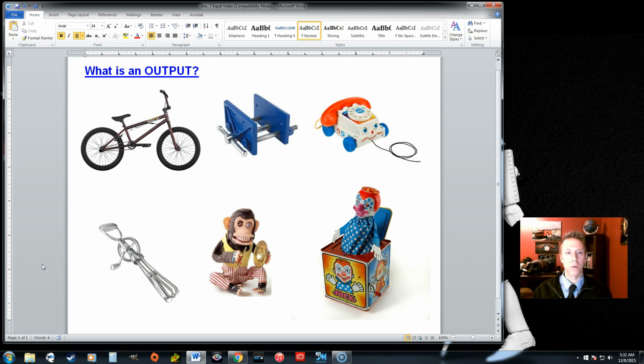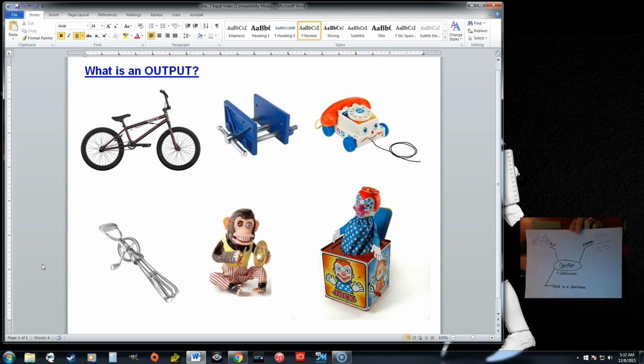So what I need you to do, I'm going to need you to pause in a second here, and you're going to have to make another word web and get yours set up. Just like you did our other word webs, you've got the word in the middle. This time around, we've got output, our definition underneath, use it in a sentence, examples, and picks. For your examples, we're going to use the same examples that we used last time.